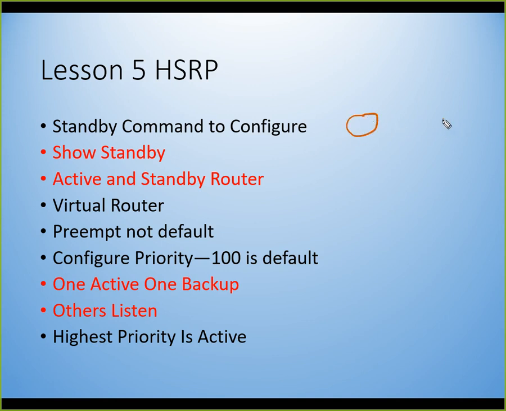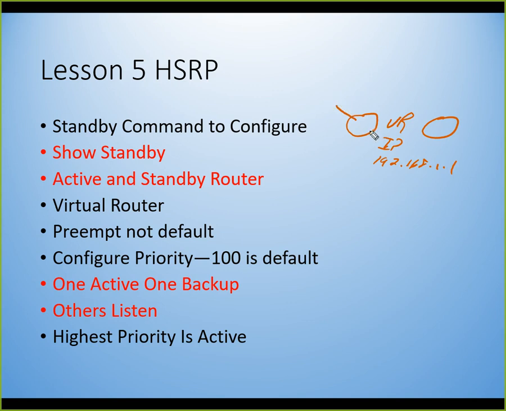We have these two routers here for HSRP, and then we have our virtual router, which is going to have the IP address that we're going to use, say 192.168.1.1, because we normally use the one address for the default gateway.